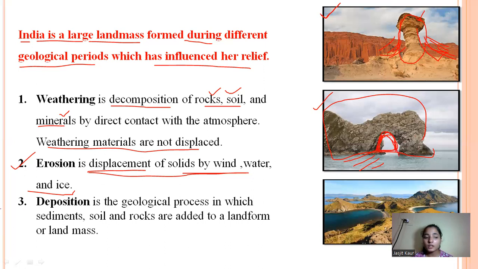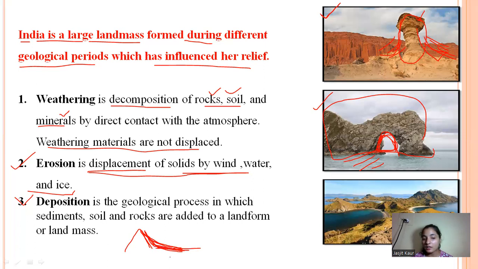So the third process is deposition. It is a geological process in which sediment, soil, and rocks are added to a landform or landmass. Suppose this is a rock, and because of the high wind or flow of the river, the soil particles start eroding and displacing from their original place.